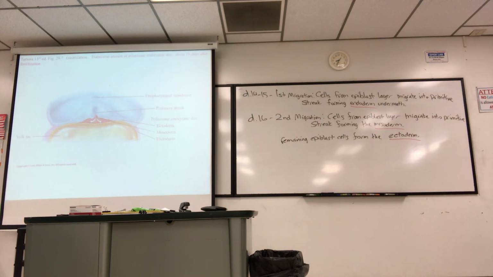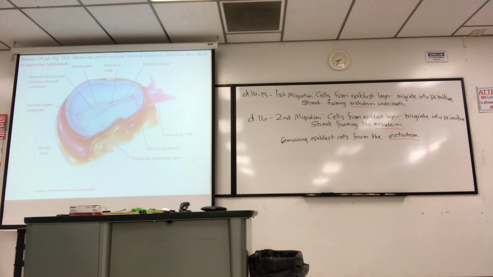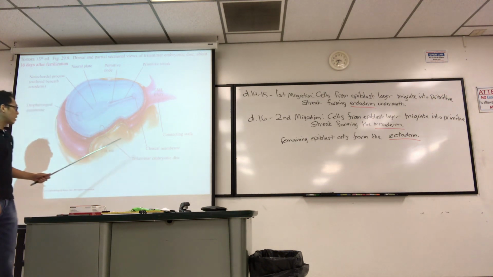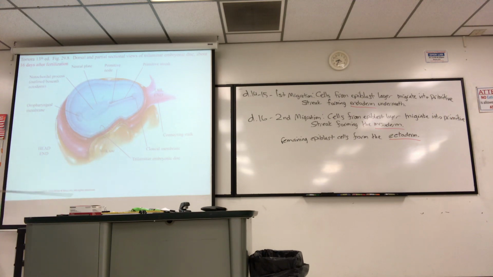Here's a different picture, a different perspective. I just want to point out the three layers. Always look for the three layers. Is it 2 or is it 3? Because around day 14-ish, it changes from 2 to 3.